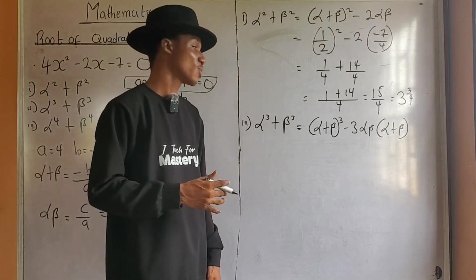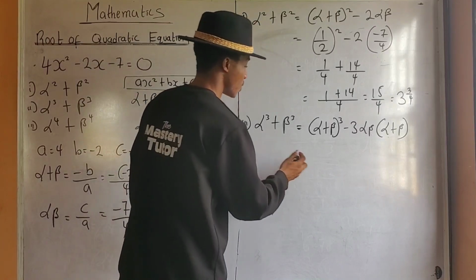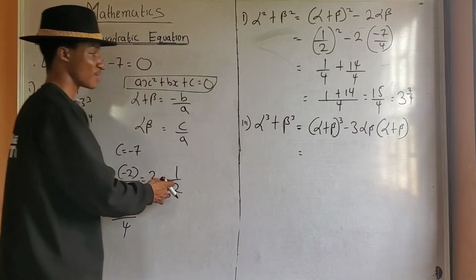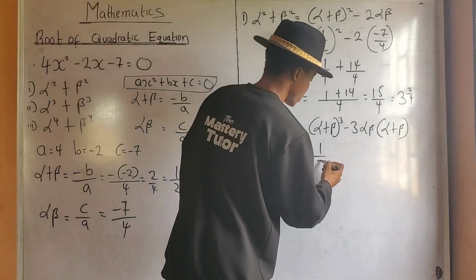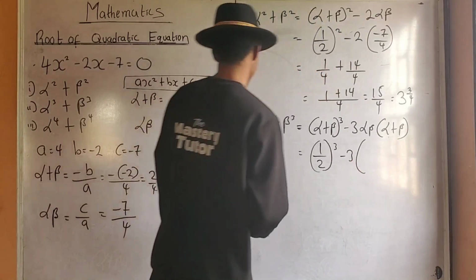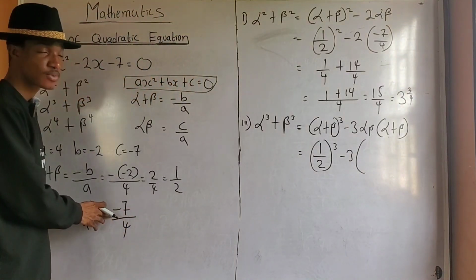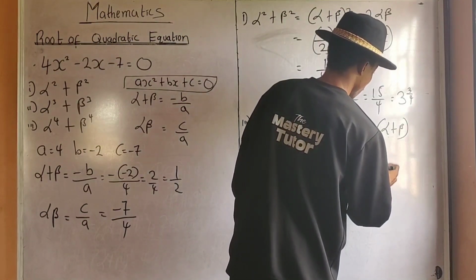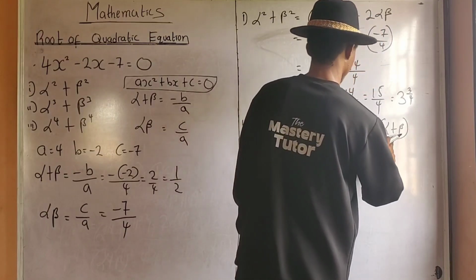Do you understand? So now for this, don't forget that alpha plus beta is 1 over 2. So I'm going to have 1 over 2 raised to the power of 3 minus 3 alpha beta. Alpha beta is negative 7 all over 4. So I'm going to have negative 7 all over 4 multiplied by alpha plus beta.